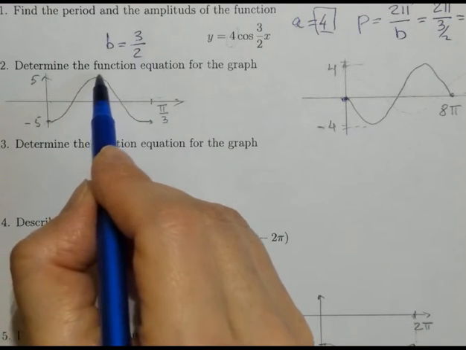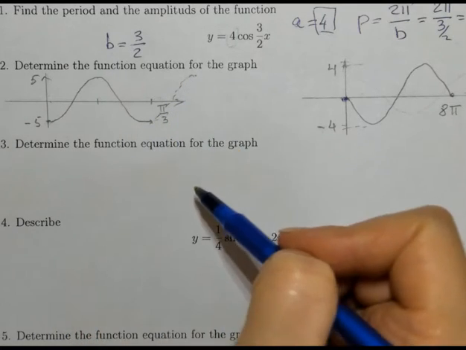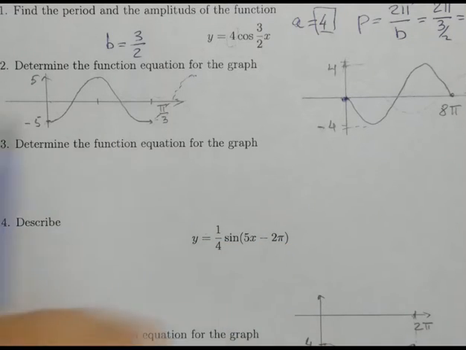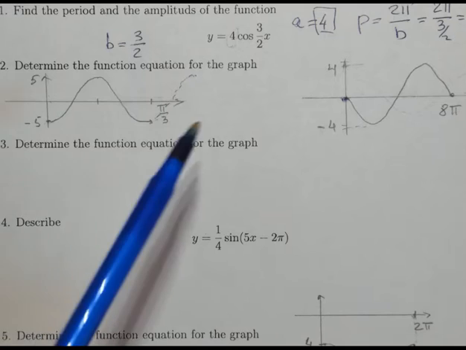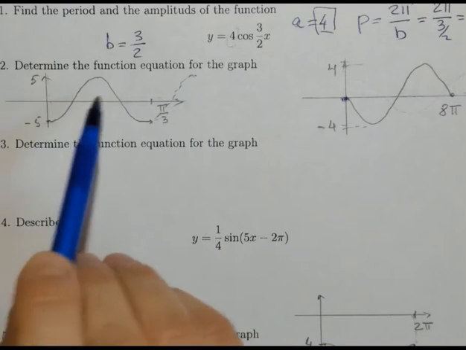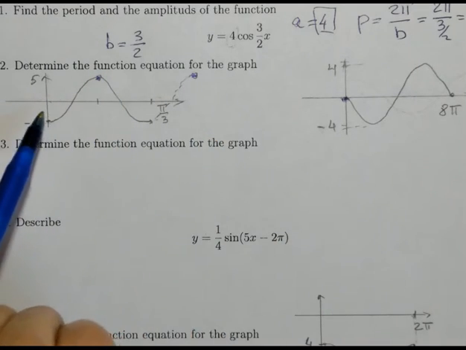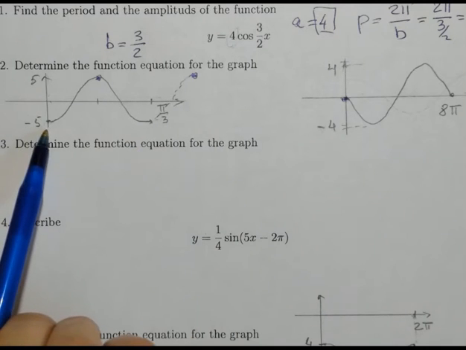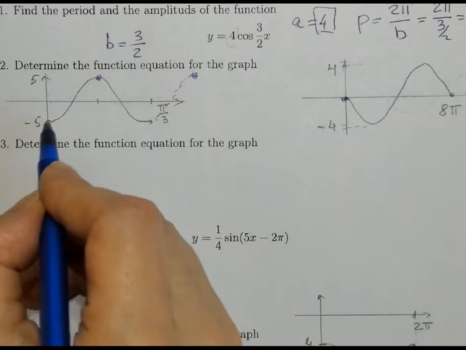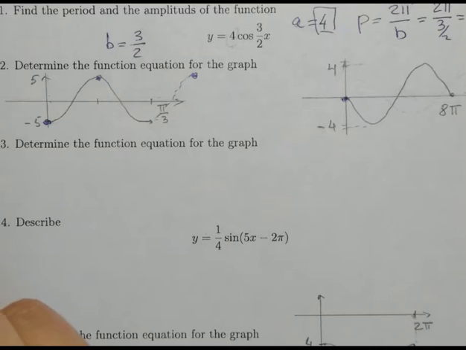Both cosine and sine can be continued infinitely to the left and to the right. So this is also a cosine wave, but this time it is shifted. If you want to give the equation without a horizontal shift, then we will better consider this wave represented on the picture.